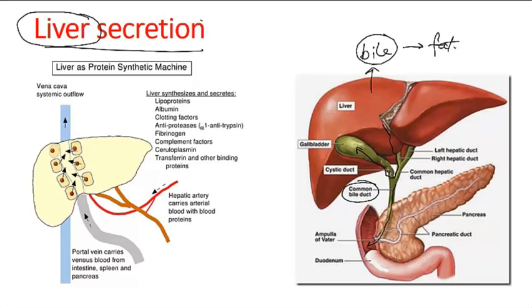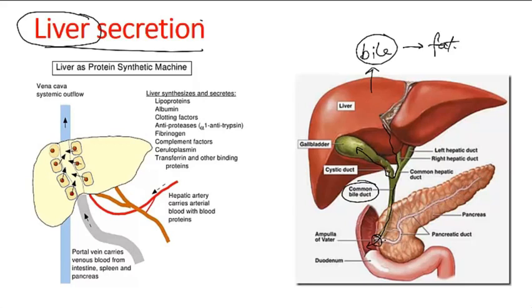And here we have the hepatopancreatic sphincter just at this duct end, where we have the connection between the bile storage site, the gallbladder, the pancreas and the liver. So three different ways connected to one single common duct. There is a sphincter to regulate this whole process, the hepatopancreatic sphincter.